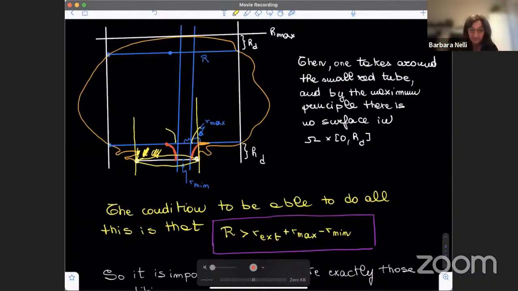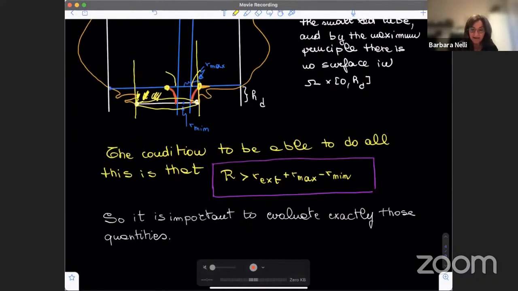So the condition to be able to do that is that this upper boundary does not touch the surface when you go around. And the condition is given by this R, the R that determines your cylinder, larger than R x plus R max minus R min. In R3, the condition was very easy because this was going to infinity.